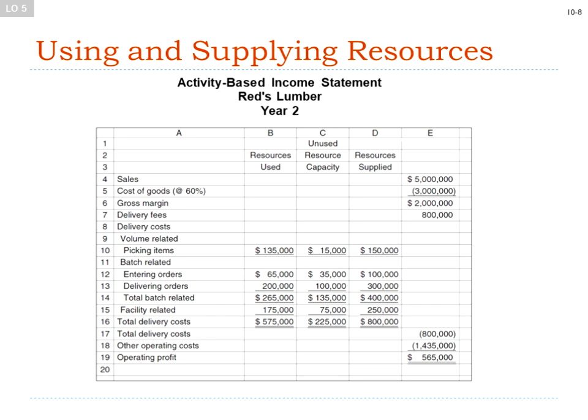All right. So in this income statement, we have 2 new columns: the resources used column and the unused capacity column. Remember, the previous slide just showed the total amount that was spent per expense. This one breaks it down to whether or not we got use of those expenses.